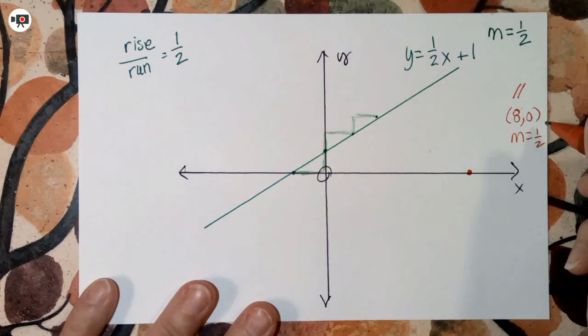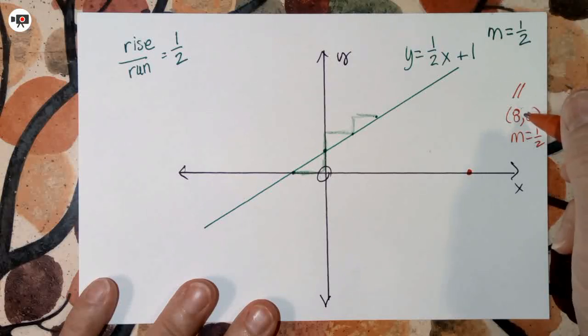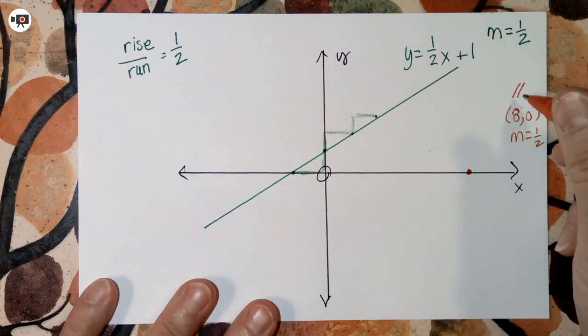Okay, well, I wonder how I should write that. Let's see, I've got a point and I've got a slope. That sounds familiar. I have a point and a slope. Oh, I should use the point-slope form. Aren't mathematicians clever about how they name things?